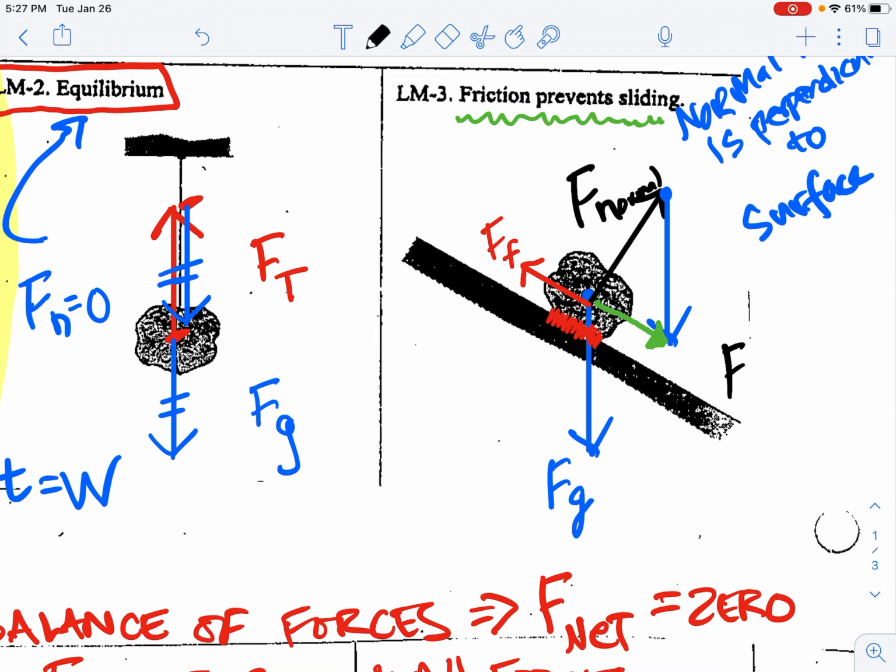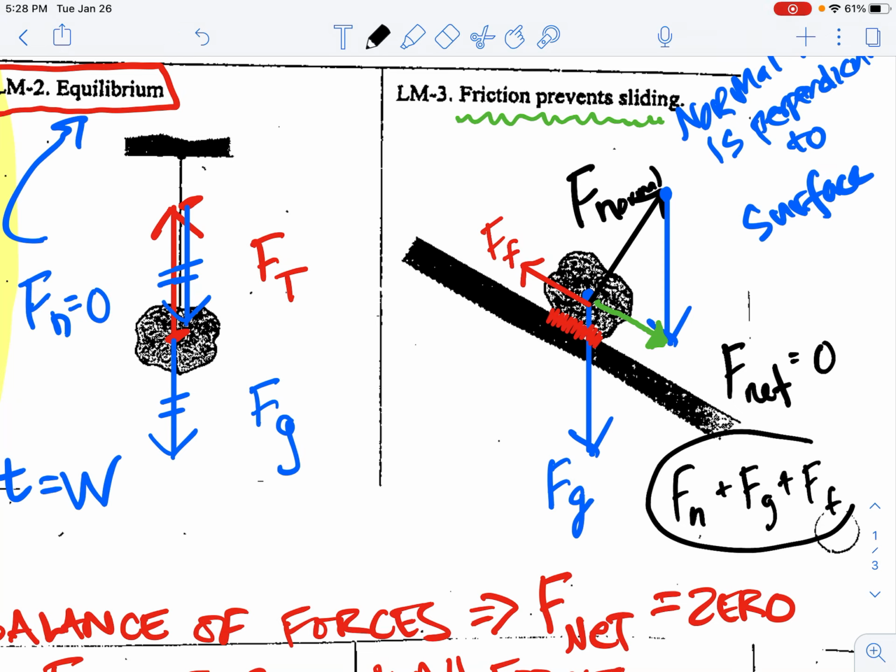So my F net is equal to 0 because there's no motion going on. It would be the sum of the normal force plus the force of gravity plus the force of friction.